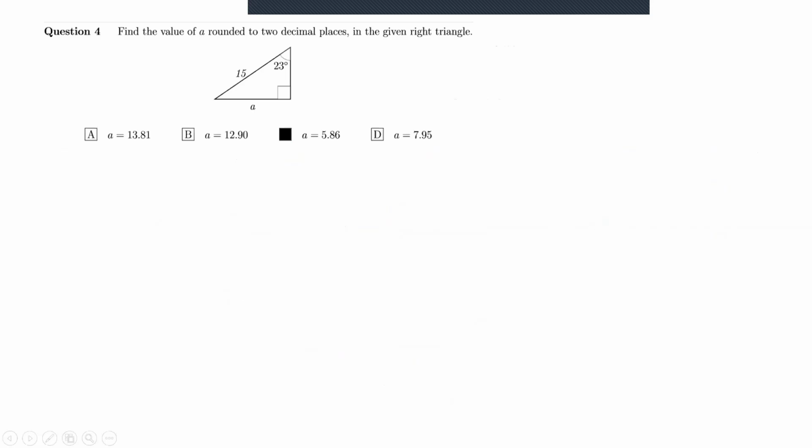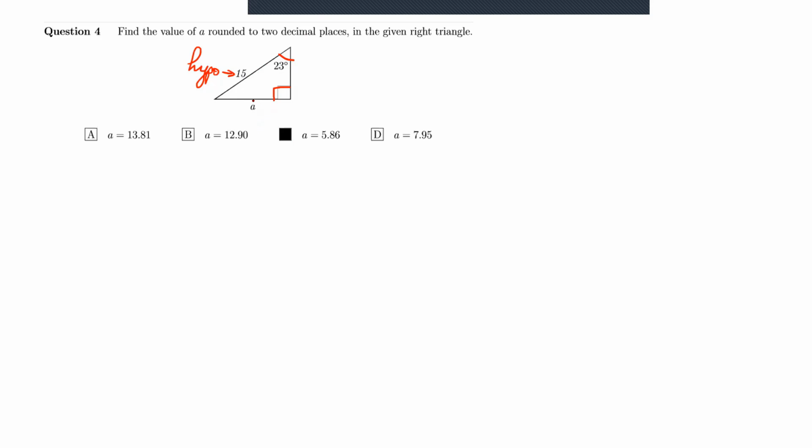The second example, here we have a right triangle. So this is a right angle. We are given the hypotenuse, which is the side opposite to the right angle, and we are given an angle 23 degrees.